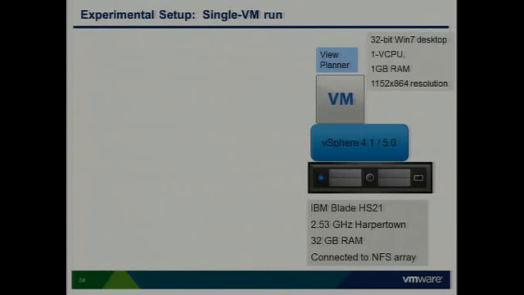Here, vSphere 4.1 is used for View 4.5, which we are comparing with. vSphere 5.0 is used for View 5.0. The desktop VM we have used is a 32-bit Windows 7 desktop VM with 1 vCPU, 1 gig RAM, and 1152 by 864 resolution. The workload, as Rishi pointed out earlier, is View Planner with all applications and 20-second think time.